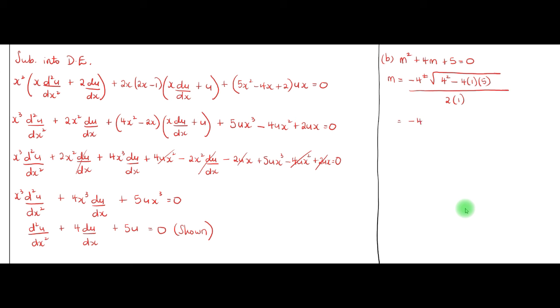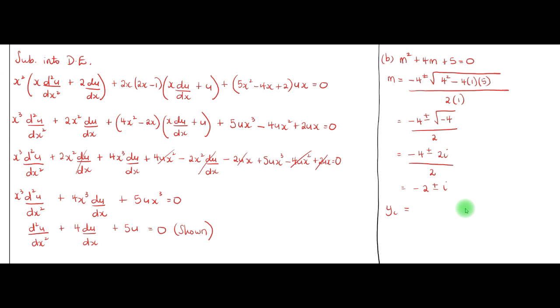That gives me negative 4 plus or minus the square root of 16 minus 20. That's negative 4. That would be root 4i. That's 2i.